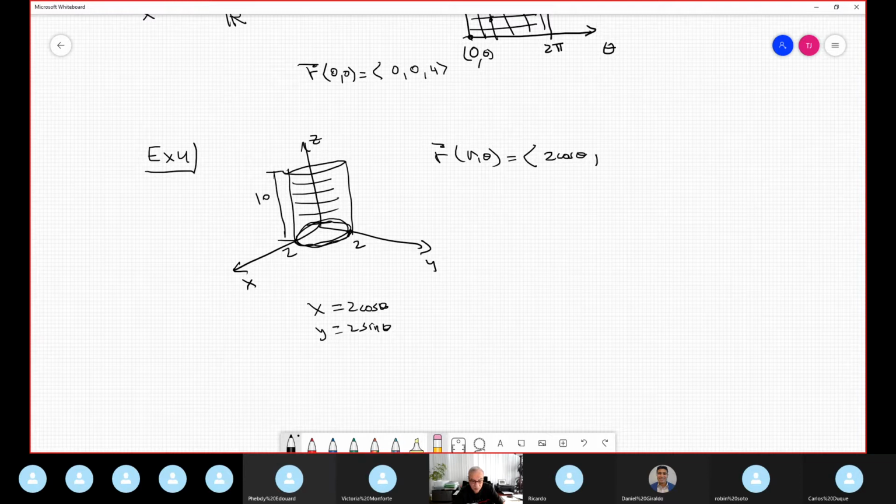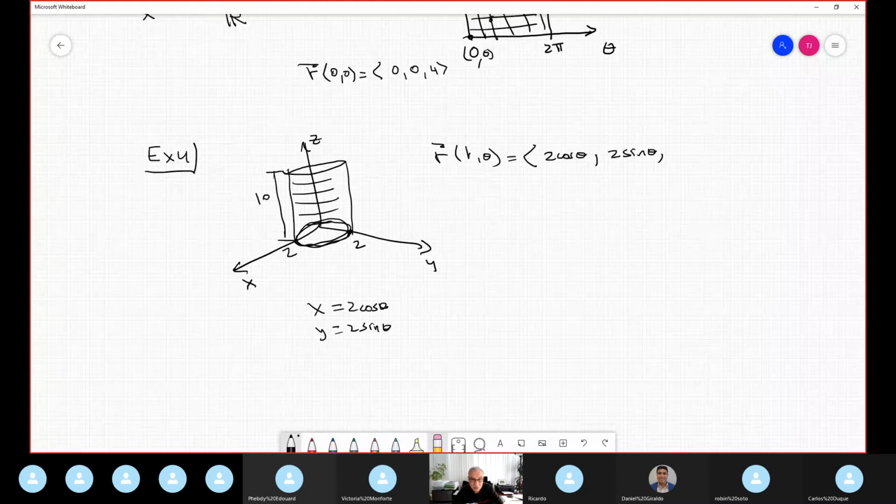Comma 2 sine theta, comma, I put r, but actually it's not r. Let me put another letter, because r is a constant, 2. So this variable is not the radius. I suppose the height is h. And this is the parameterization.